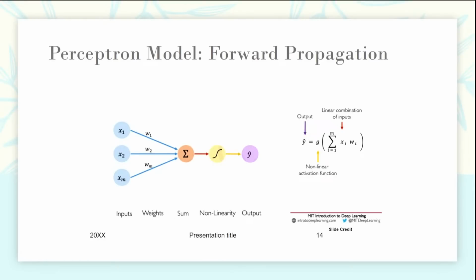This is what we discussed previously, the mathematical model of a neuron. These are all inputs and every input has a weight associated with it. A neuron does a summation of all these inputs, then it may apply a non-linearity to that output, and then it generates an output.